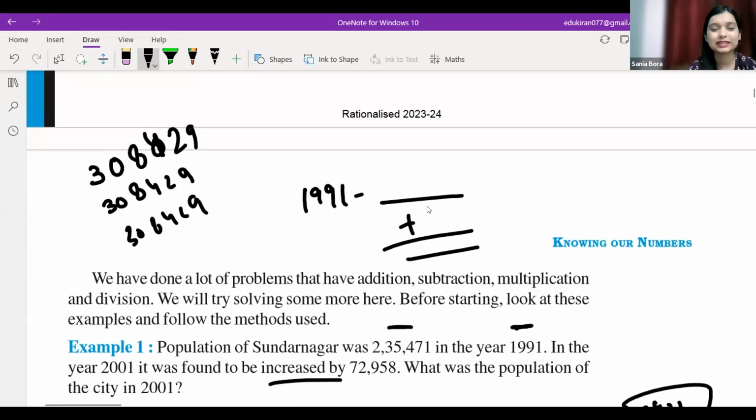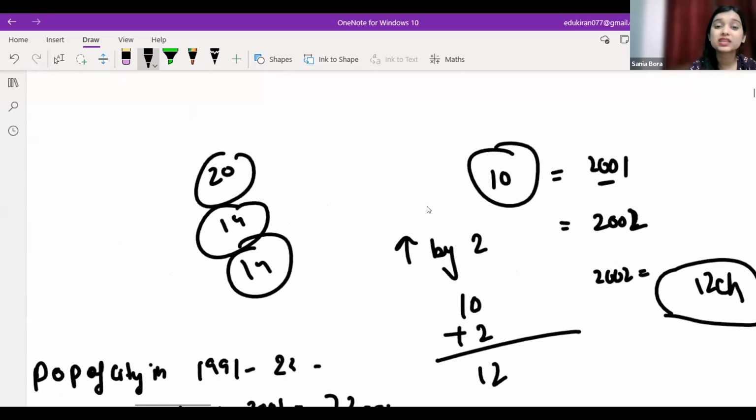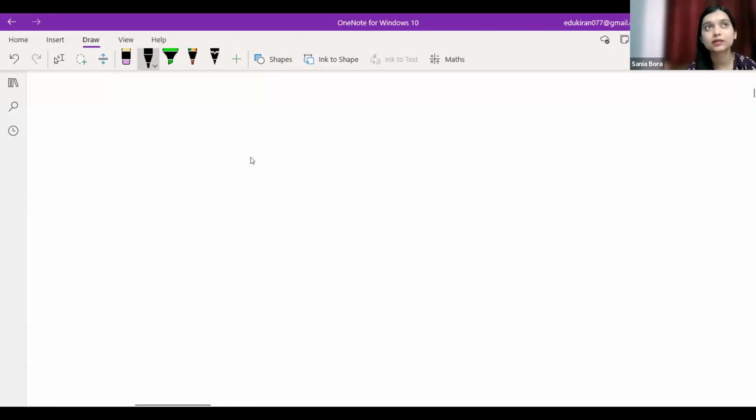So everything will be coming in your exams, like whatever you read in the previous class is going to come in this class as well, but a little bit leveled up. Whatever we study in the junior class, for example, I taught you 1 plus 1 is 2.